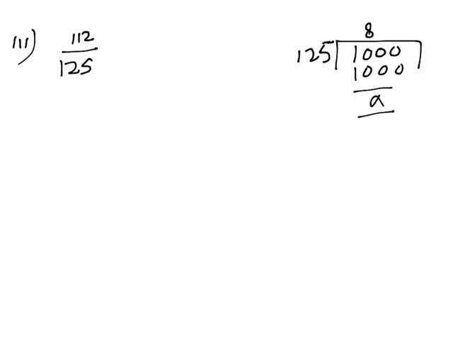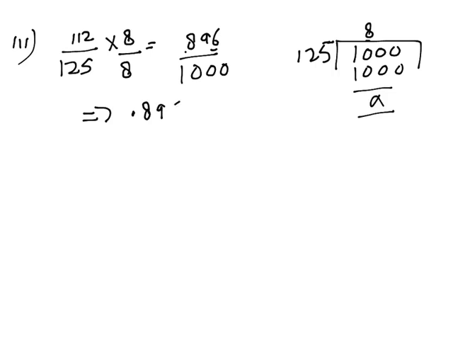So it means we have to multiply numerator and denominator by 8. So we will get 896 by 1000, and the decimal point is after 3 digits. So we count the number of digits: 1, 2, 3. So it can be written as 0.896.